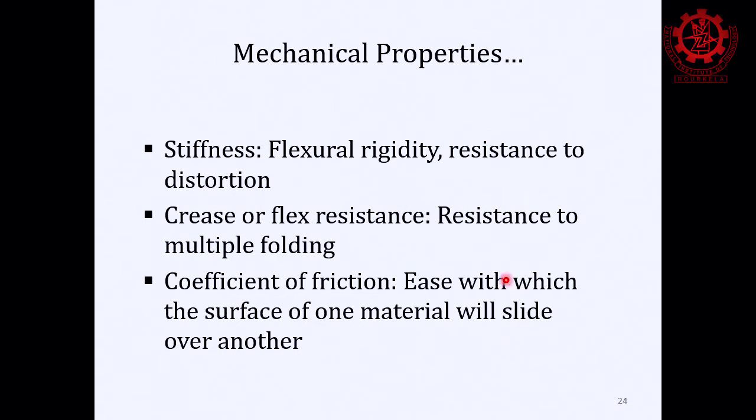Coefficient of friction is defined as the ease with which the surface of one material will slide over another material. How would this information be important? To produce laminates. See, in the case of laminates, you're just bringing two layers together and laminating.